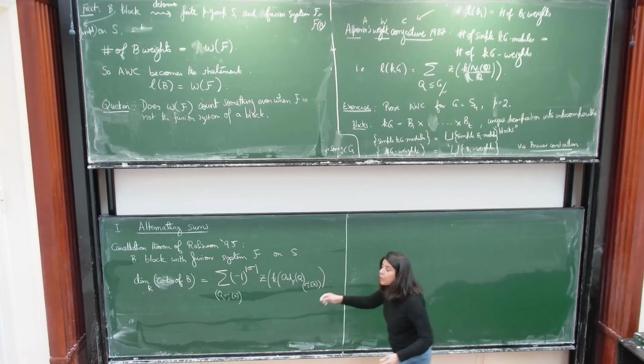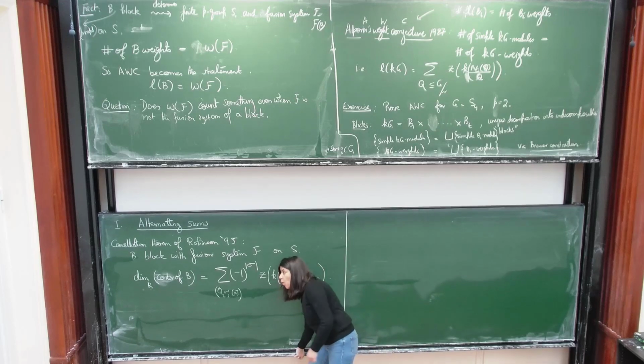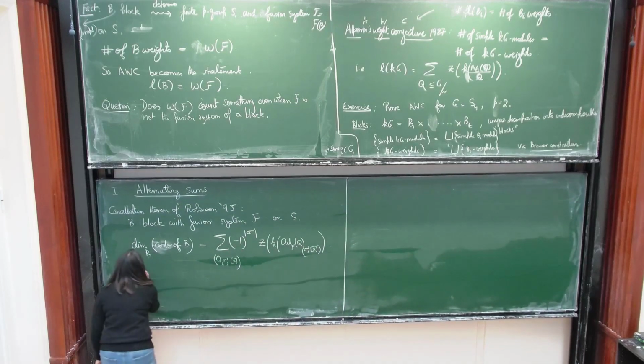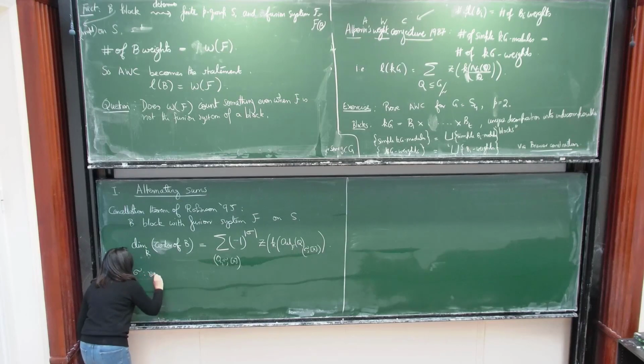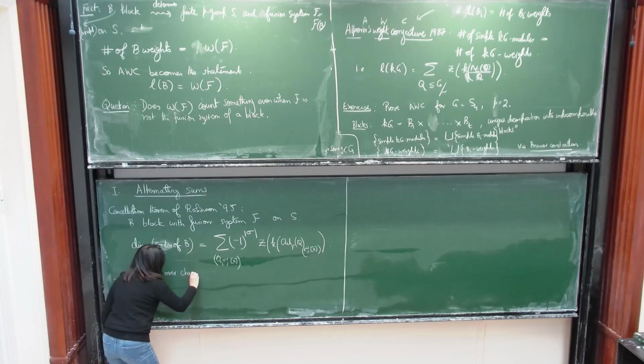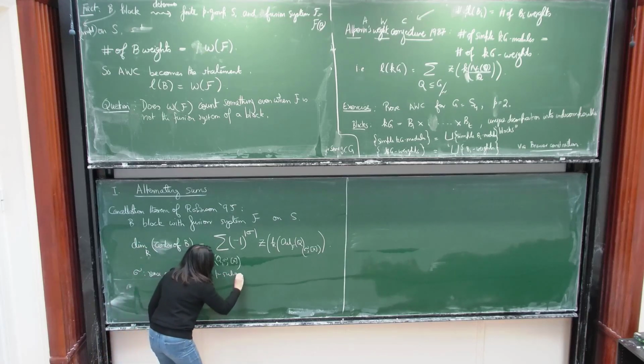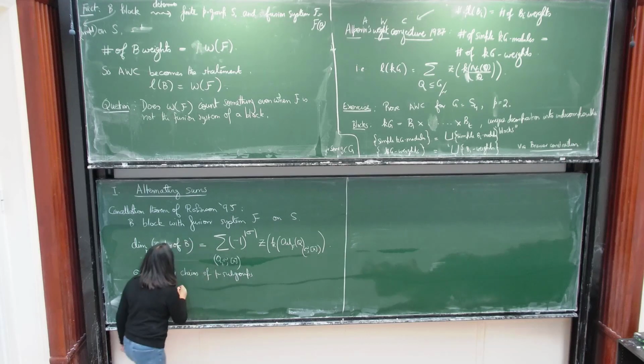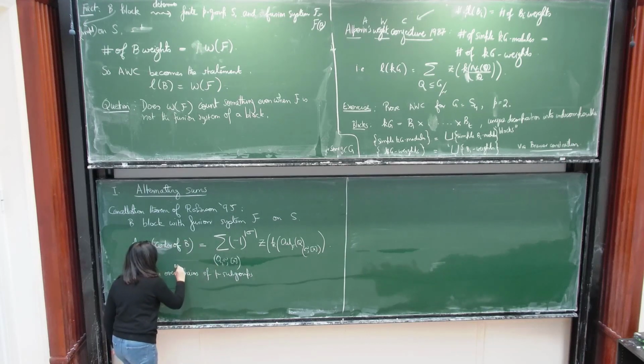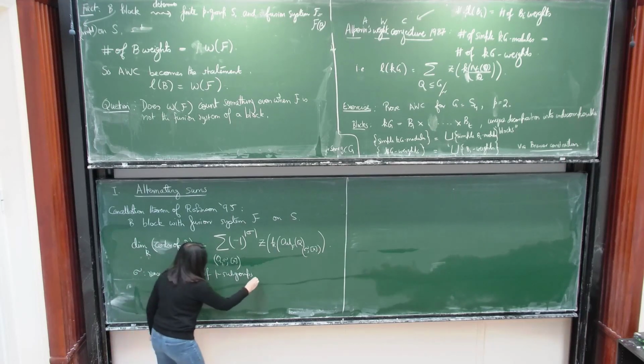I just write down what sigma runs over: chains up to some isomorphism of p-subgroups. I should say some normal chains of p-subgroups.